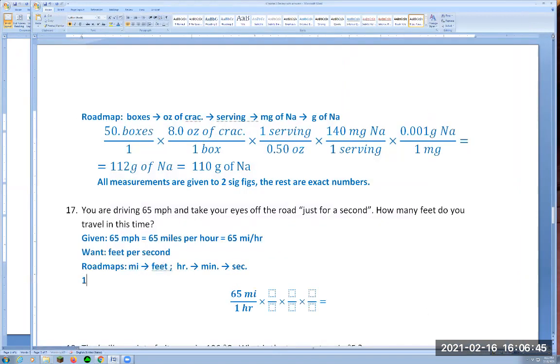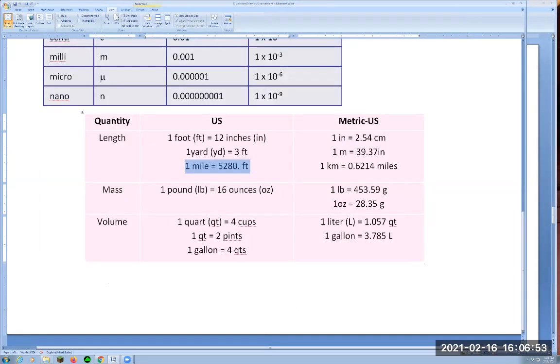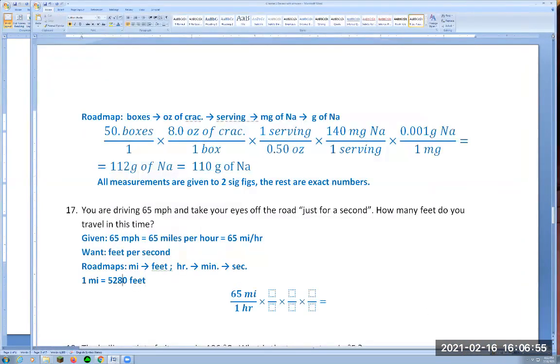1 mile equals 5,280 feet. And it was specified that it's exactly this. So 5,280. Change hours to minutes and seconds. So you know that 1 hour is equal to 60 minutes.